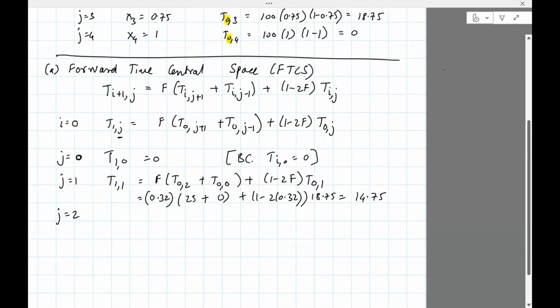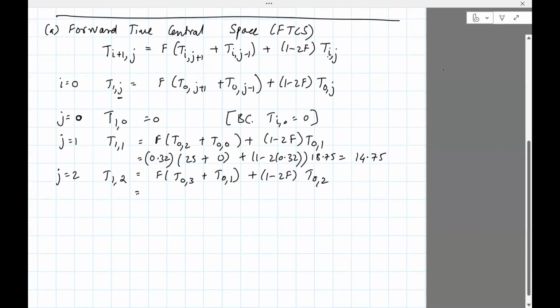Then we can put j equals 2. We have T1,2 equals F times T0, j is 2, so 2 plus 1, 3, plus T0, 2 minus 1 is 1, plus 1 minus 2F times T0, j is 2, so 2.